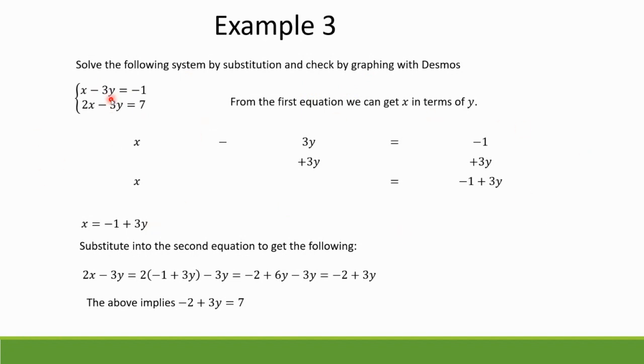Well, look at the coefficient of y. It's a 3. If you try to get y in terms of x, you would end up dividing by -3 and you would end up having fractions. Not that that's wrong, but I think it's easier to get x in terms of y because the coefficient of x is just 1. So that makes the calculations a bit easier.